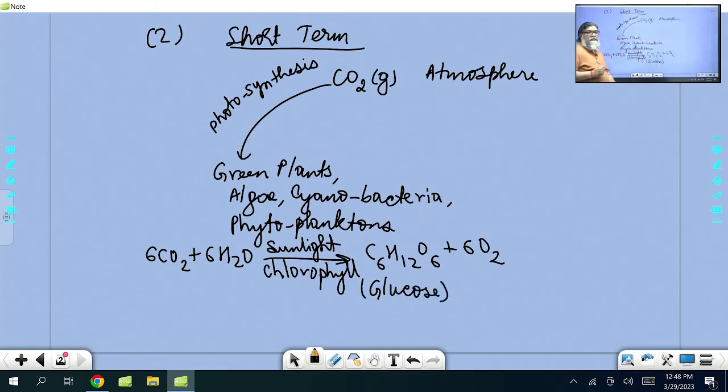So the raw material is carbon dioxide gas, CO2, which is taken from the atmosphere.